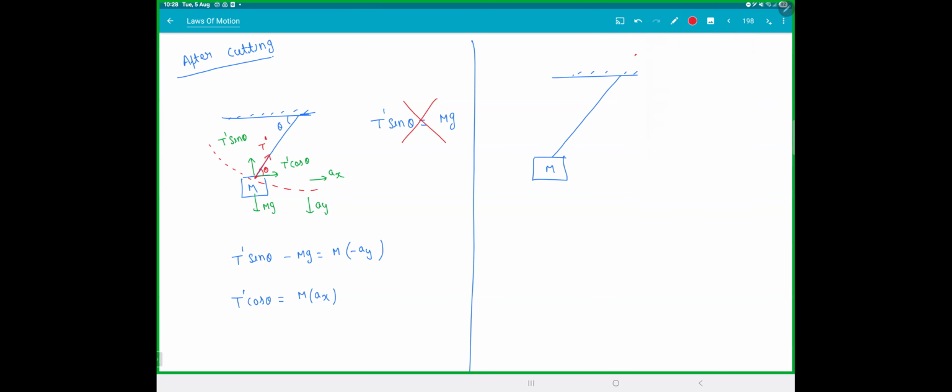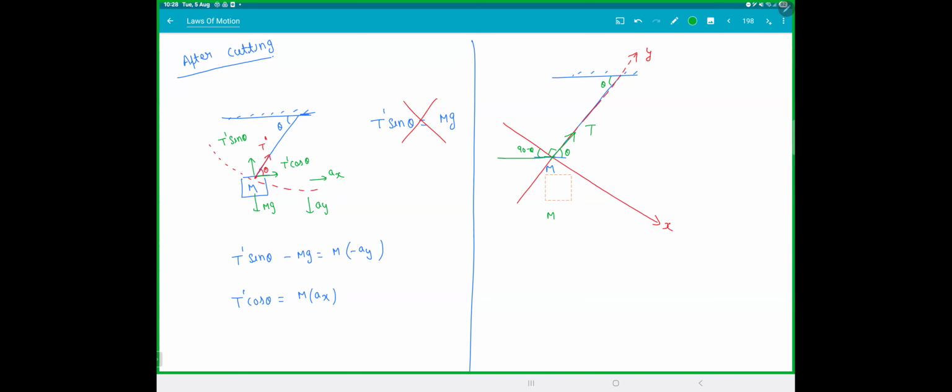Choose along the string as x and y axis. So choose this as your x axis and this is your y axis. So once you take like this, I'm pretty sure acceleration in y direction is 0. So this will be your tension. This will be your mg. If this is your angle theta, that is theta, this is theta, this is 90 degrees, this is 90 minus theta.